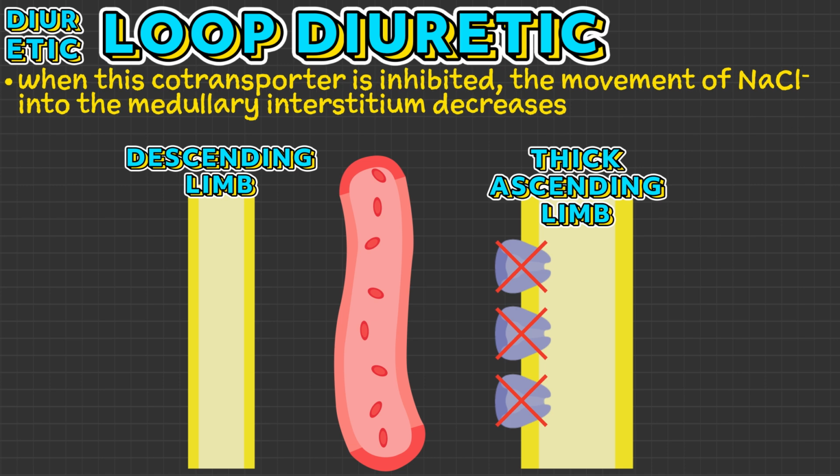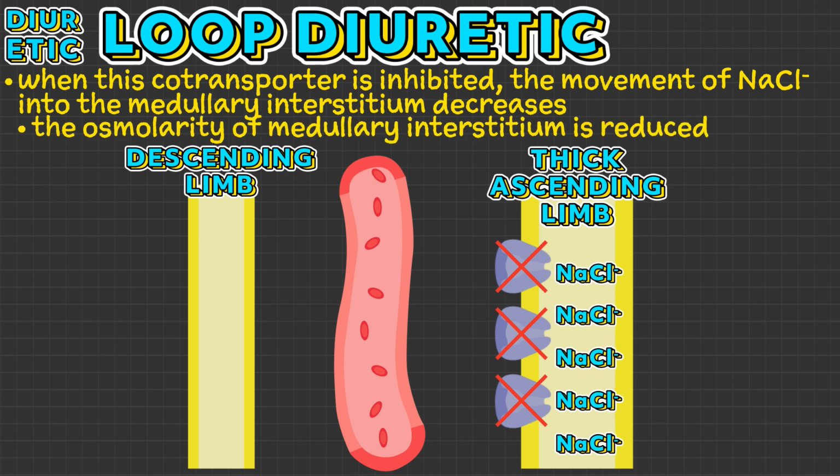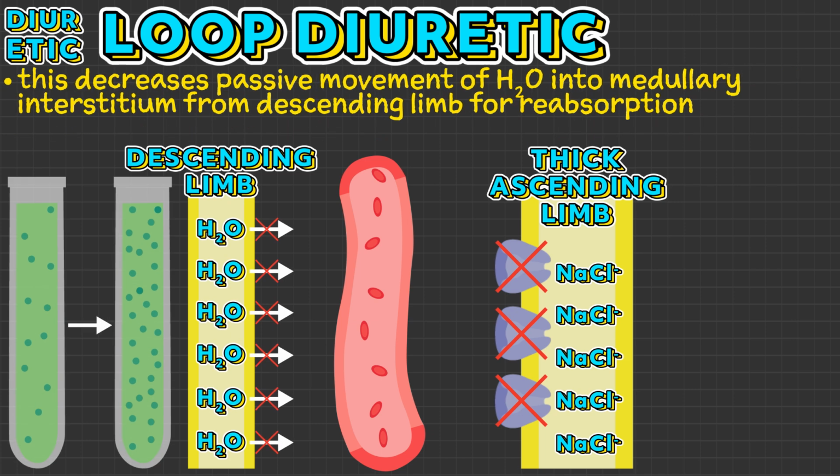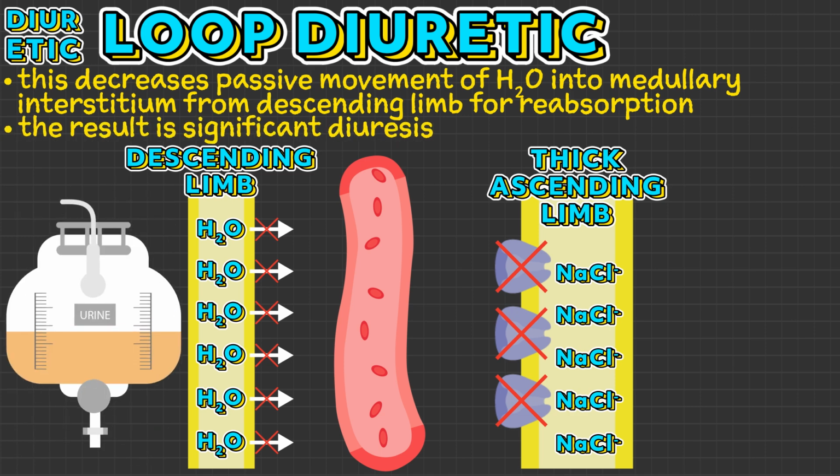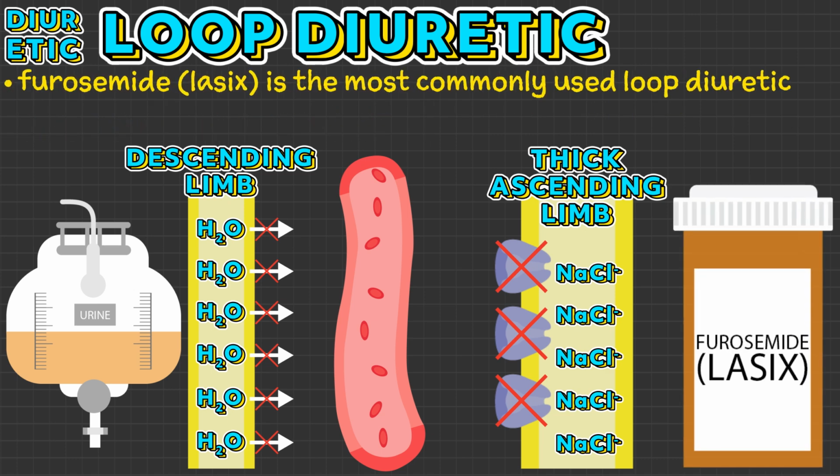When this cotransporter is inhibited, the movement of sodium chloride into the medullary interstitium decreases. As a result, the osmolarity of the medullary interstitium is reduced, decreasing the passive movement of water into the medullary interstitium from the descending limb of the loop of Henle for reabsorption. The result is significant diuresis. Furosemide or Lasix is the most commonly used loop diuretic.